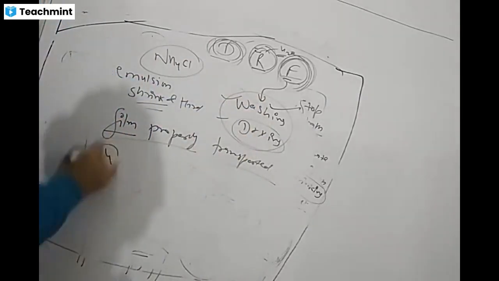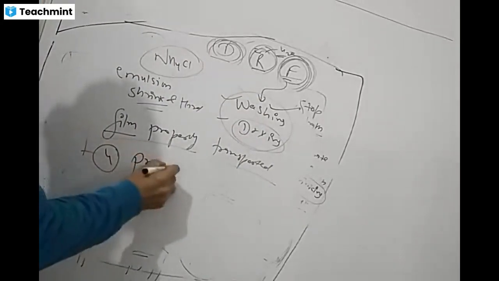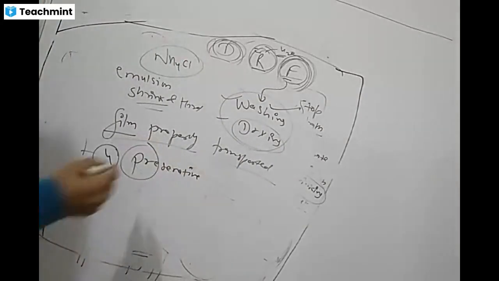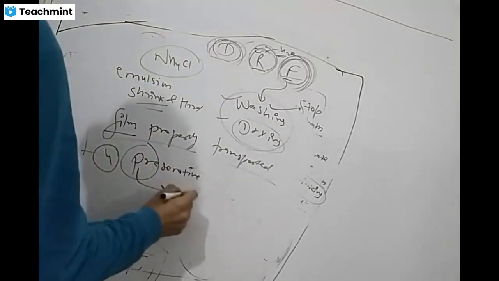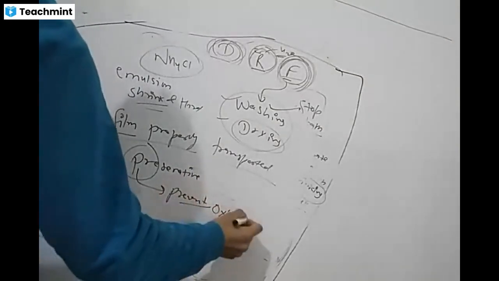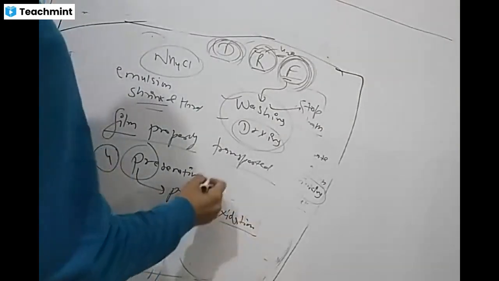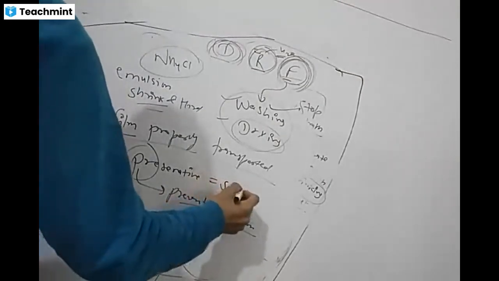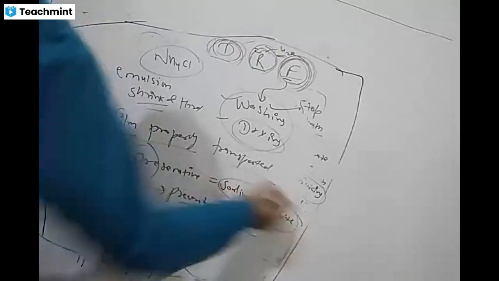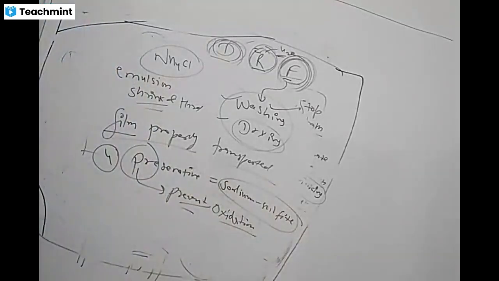Then the fourth component is also a preservative. Same as in the developers, the preservative action is also the same, to prevent oxidation. And this is your sodium sulfite. It is the same for both. It prevents oxidation.